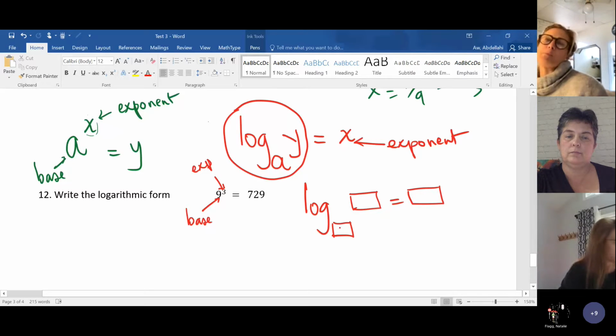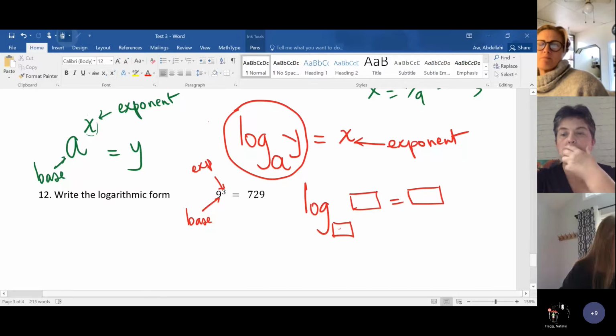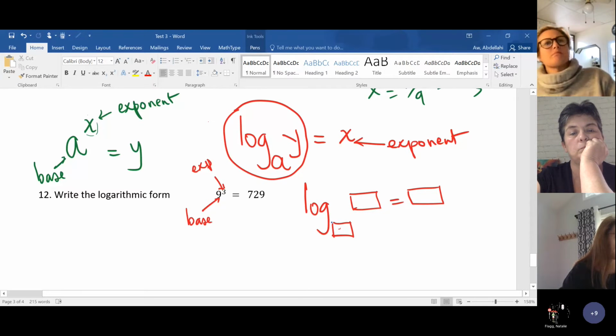The bottom square, way at the bottom, we always put the base. And here by itself, this is the exponent.